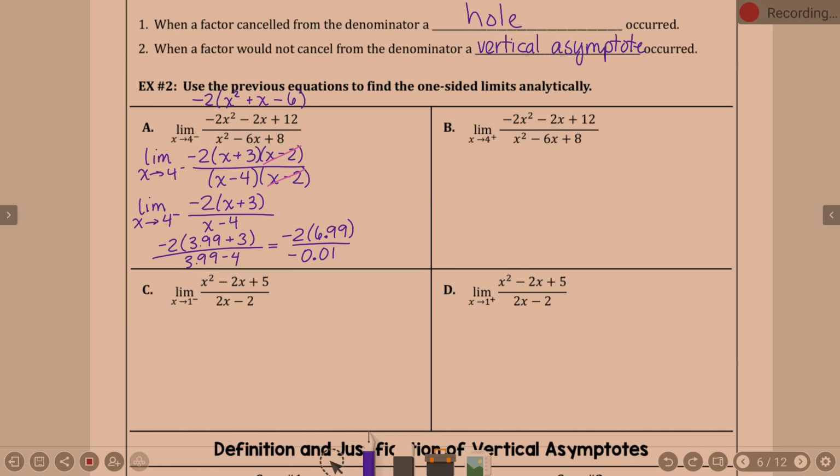You've got a number that's around -4. Well, first of all, negative divided by negative is a positive. So basically, you're dividing a number like 14 divided by 0.01. And if we put in more decimal places, it'd be a number like 14 divided by 0.000001. And so, yes, this is going to tend towards infinity.